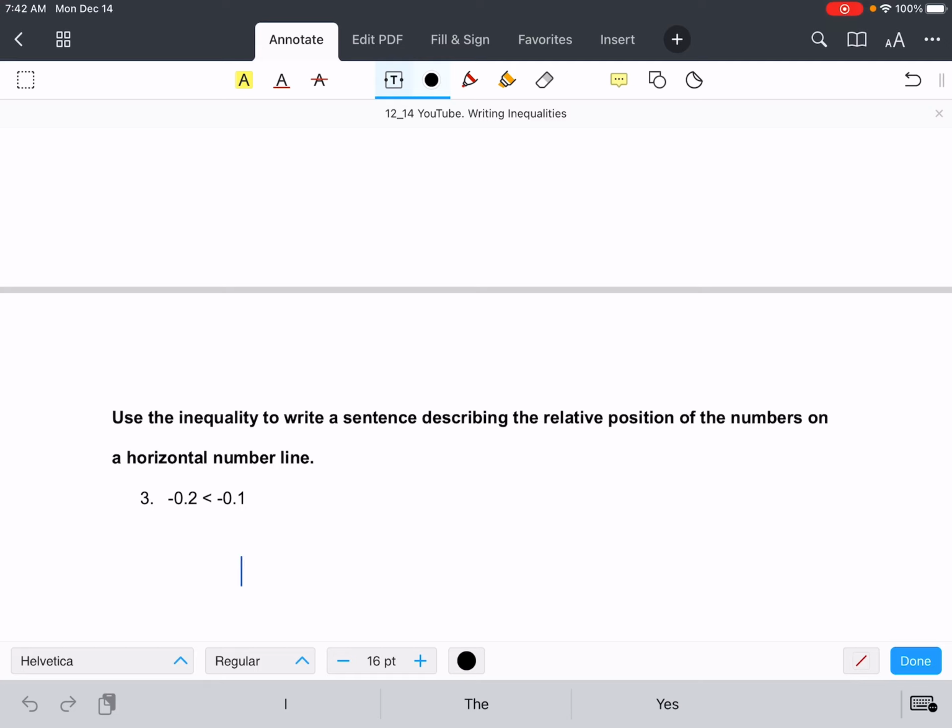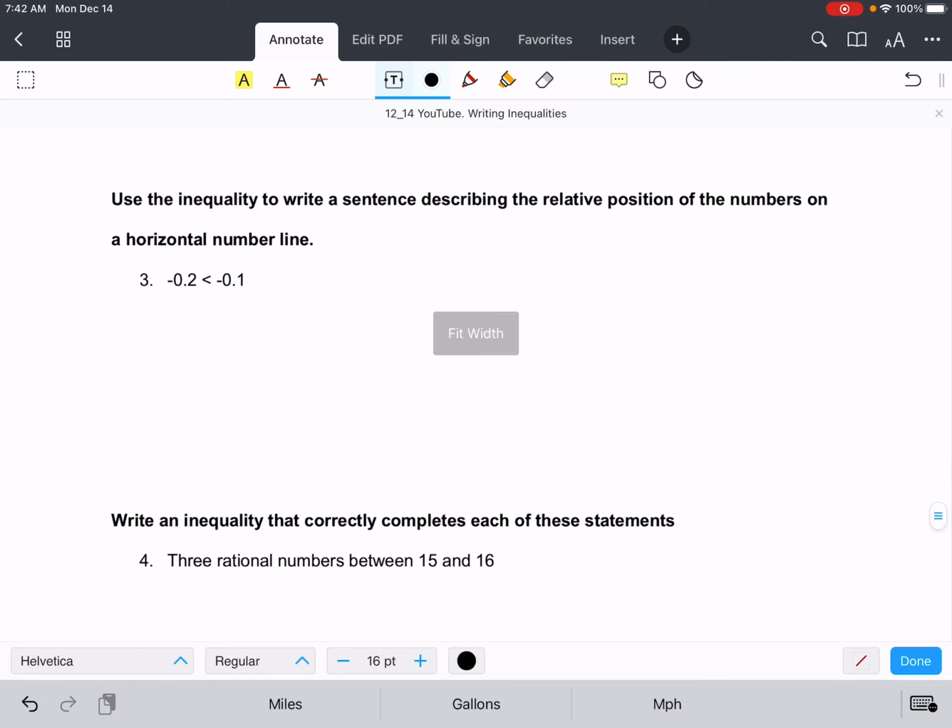So my sentence would be something like negative 0.2 is to the left of negative 0.1. And that would be a complete sentence, and it would describe the relative position of the numbers on a horizontal number line. Of course, if it was greater than, then it would be to the right of the number.